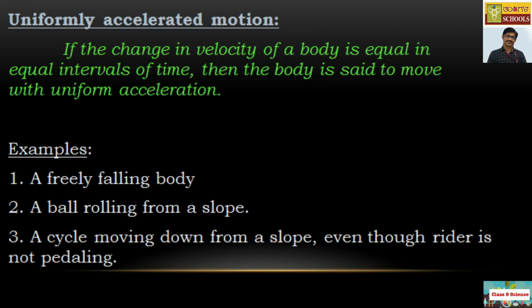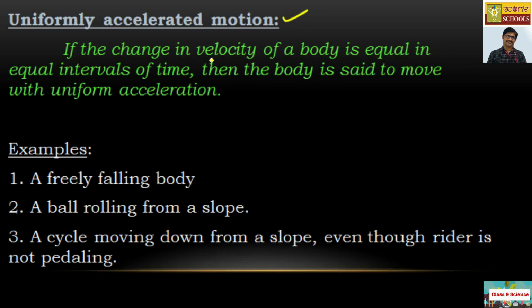Let us move to the next part, that is uniformly accelerated motion. We defined accelerated motion earlier: a change in velocity of a body with respect to time is taken as accelerated motion. Here, uniformly accelerated motion means what?